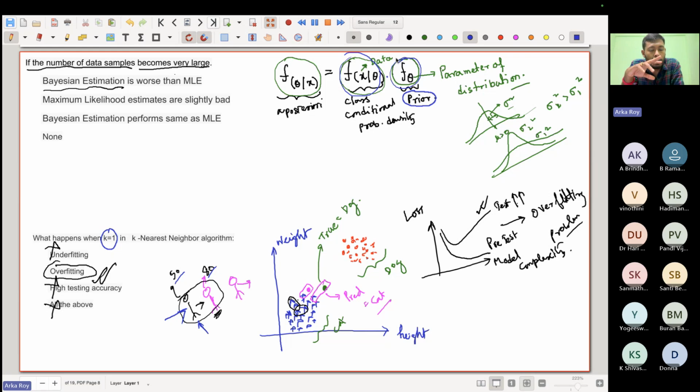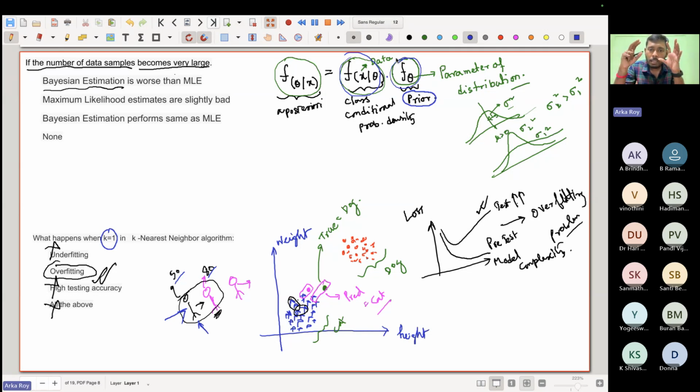If you have very little data, there you can say that I need some sort of prior, because let's say you have a data set with, let's say, 10 samples. You have a very small amount of samples. If you see any small video related to machine learning and deep learning on YouTube, the first thing they will say is that machine learning and deep learning need lots and lots of data to train the model.